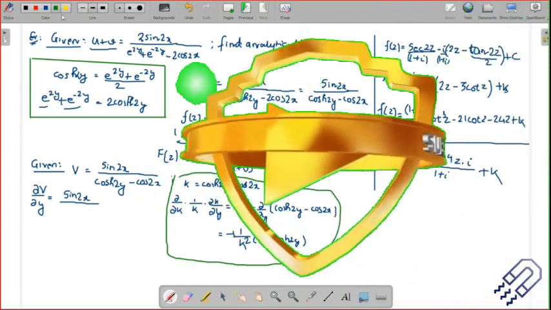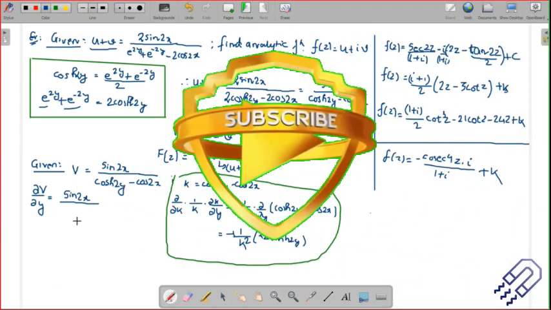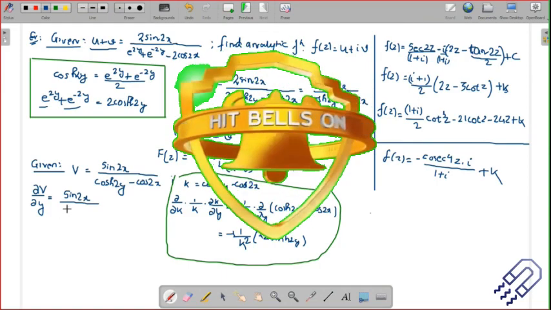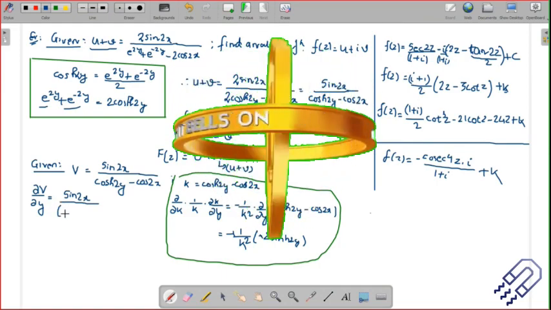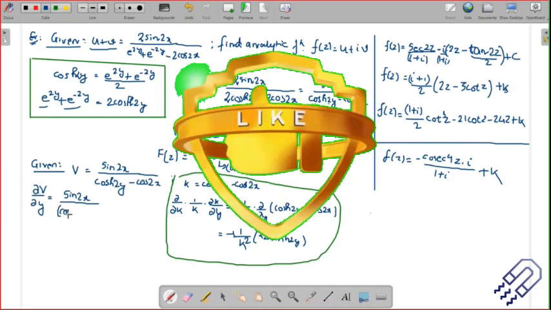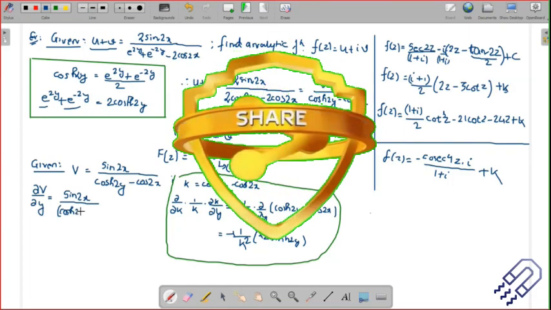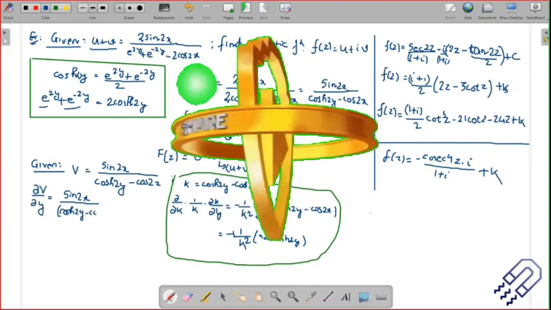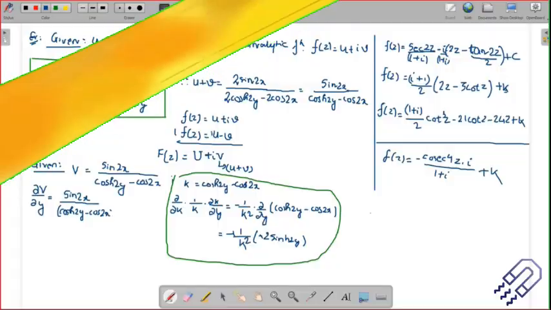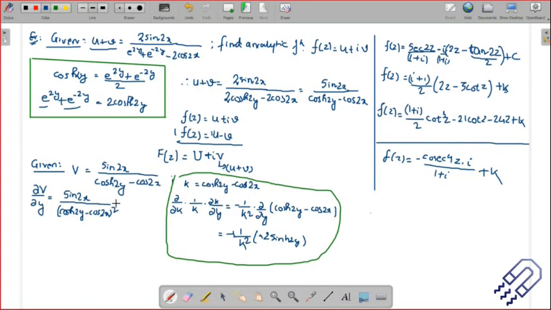Take this inside, and this down below as well. Do it this way, and then you should get your answer something like this: k square, which means cos of hyperbolic 2y minus cos of 2x whole square, into 2 times sine hyperbolic 2y.